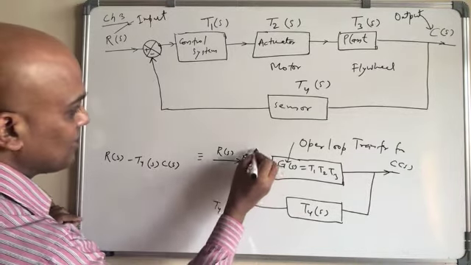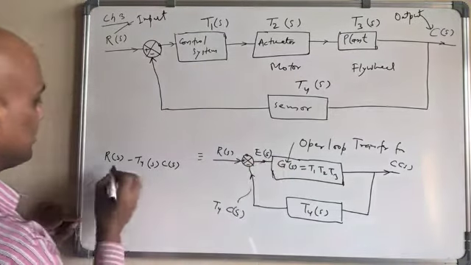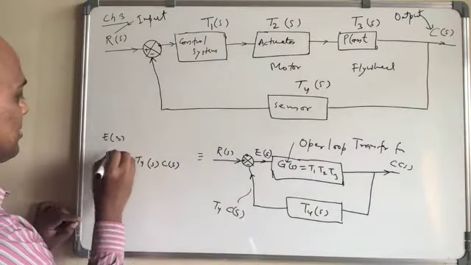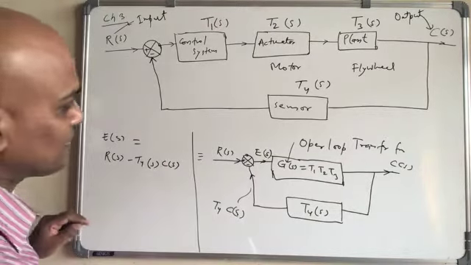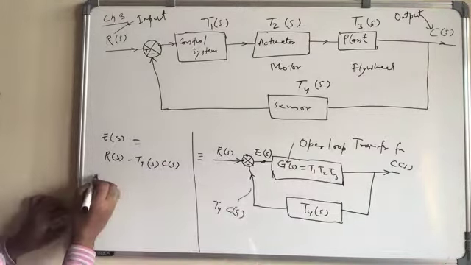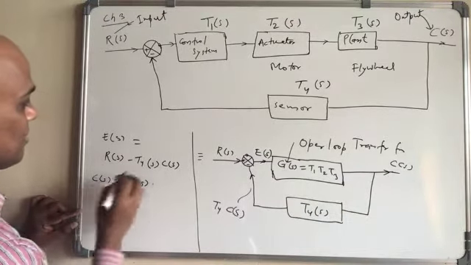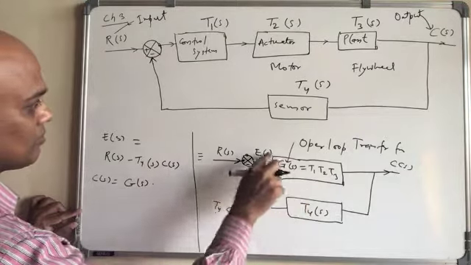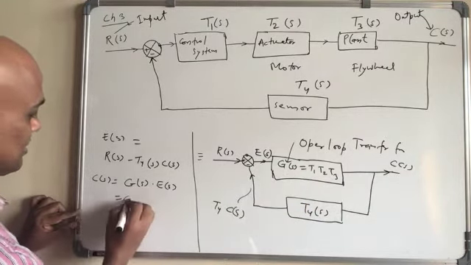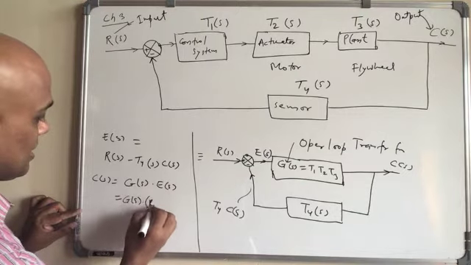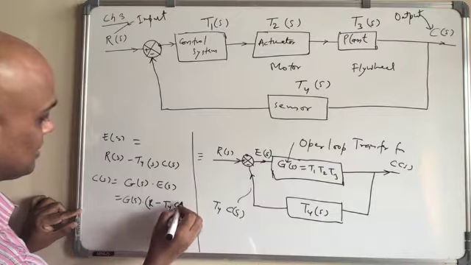You can call it E(s). So E(s) equals this. And then C(s) is G(s) times E(s), where E(s) is equal to this. So G(s) times R minus T4 times C.